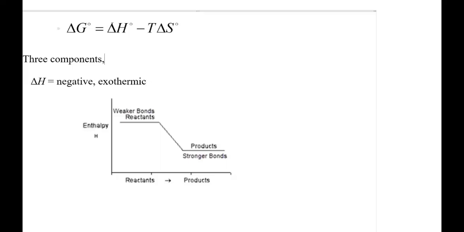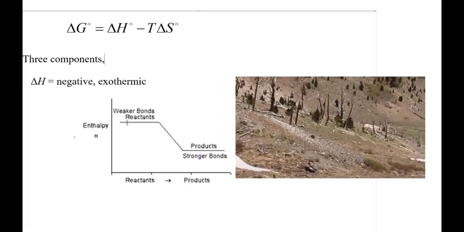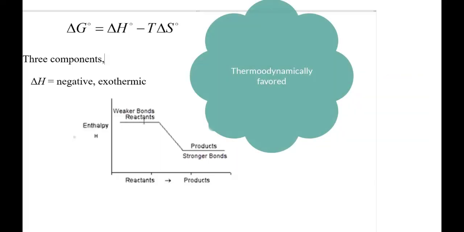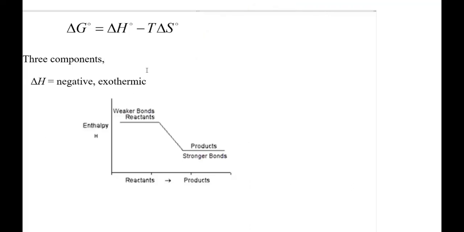If this delta H is negative, that means we get a negative delta G. So an exothermic reaction, where we take weak bonds and snap them together to make really, really strong bonds, where we have the rock roll downhill, is thermodynamically favored. It's spontaneous. It's going to happen. A negative, exothermic reaction is good news in terms of if you want to make products.